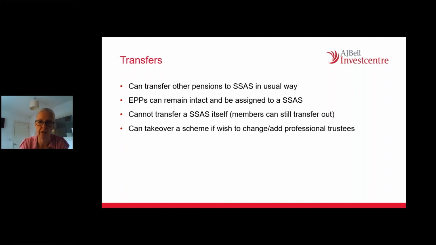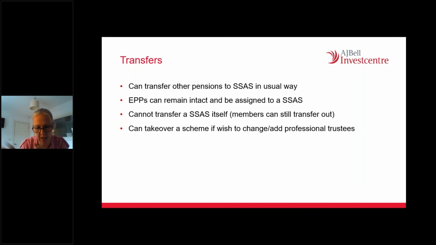But if you decide for whatever reason you're not happy with the provider that you're with and you have a SSAS scheme, or maybe there isn't a provider, maybe somebody's done it themselves and they're realizing this might not be a good idea, they might want some help with it, then you can appoint and remove trustees, additional professional trustees.